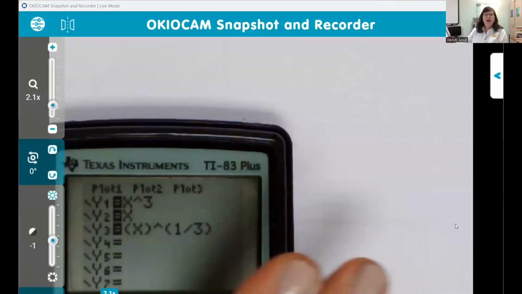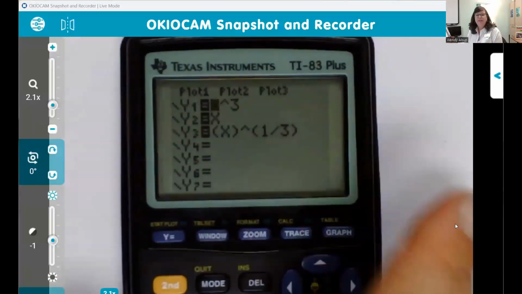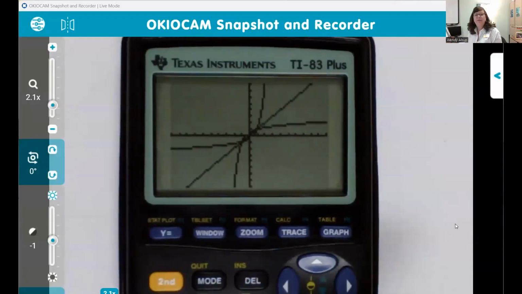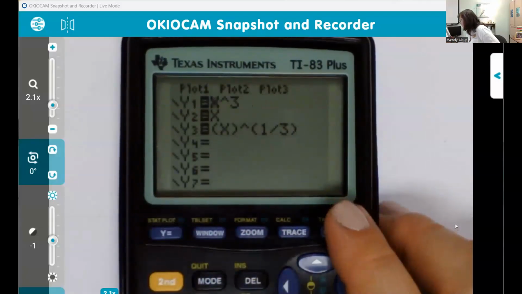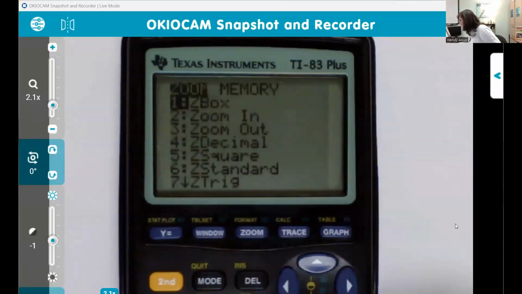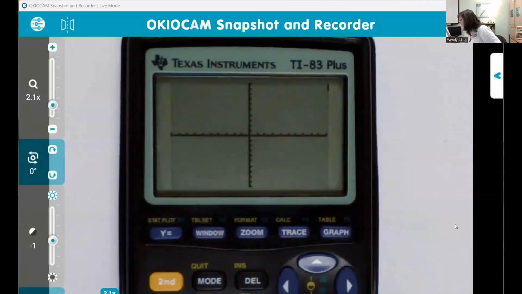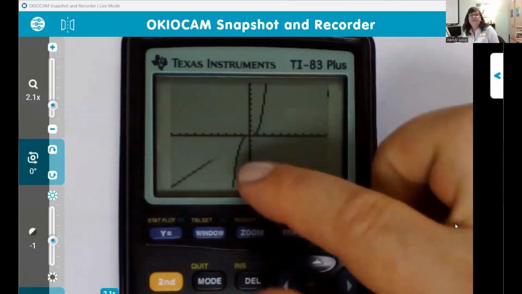Let's review a little bit of what we talked about up to this point in terms of graphing inverses. Let's graph this equation, x to the third.